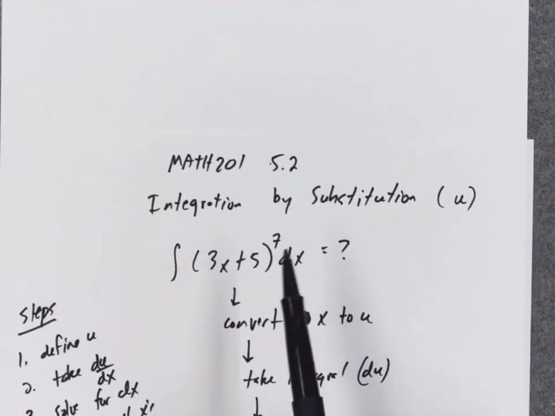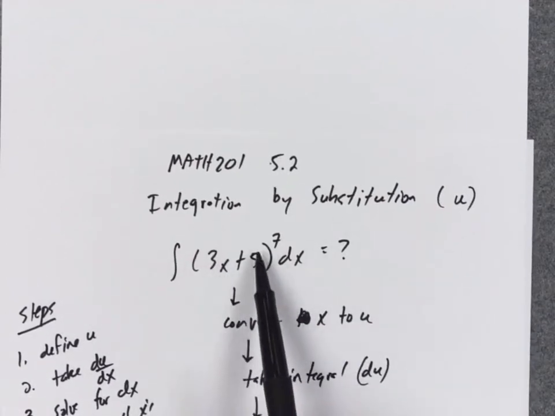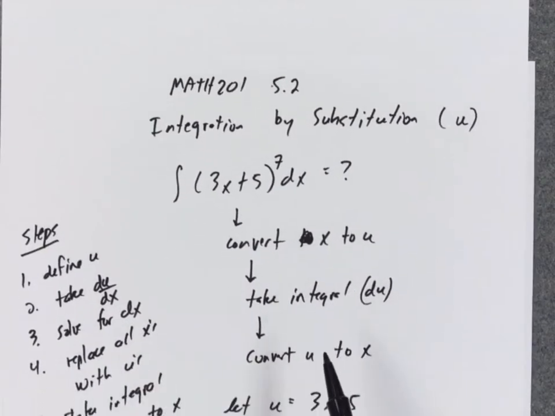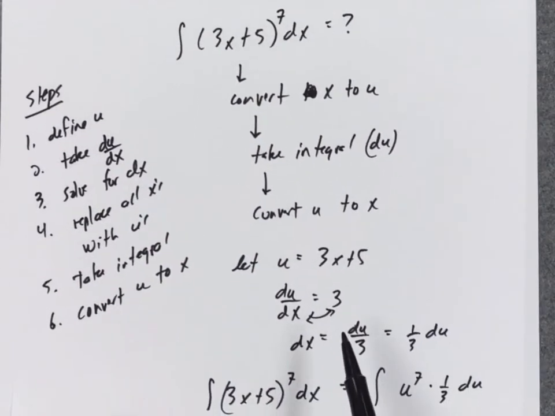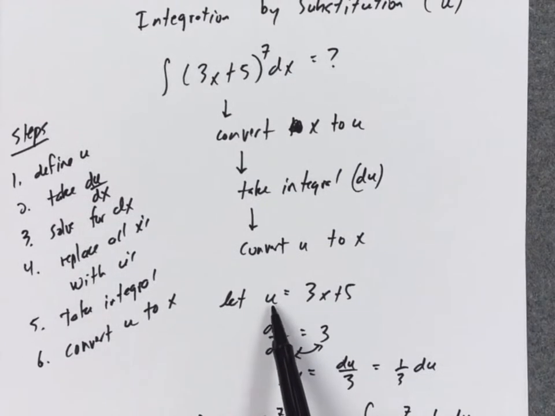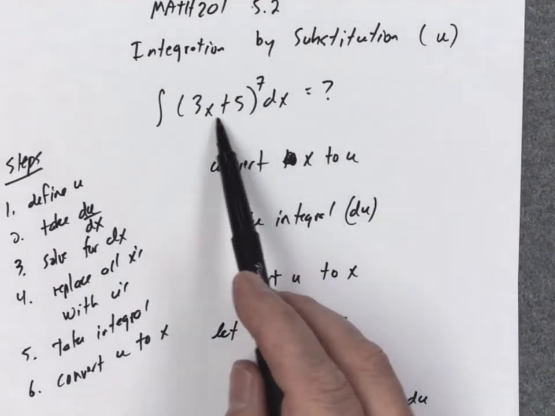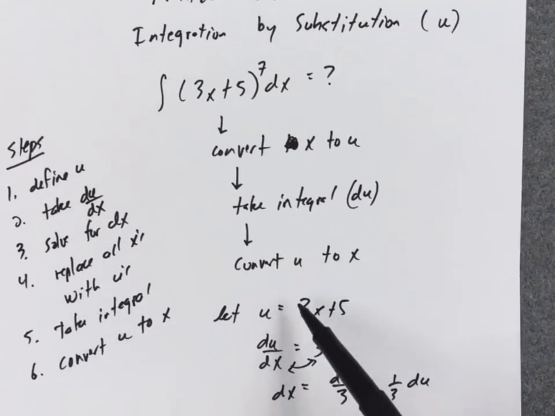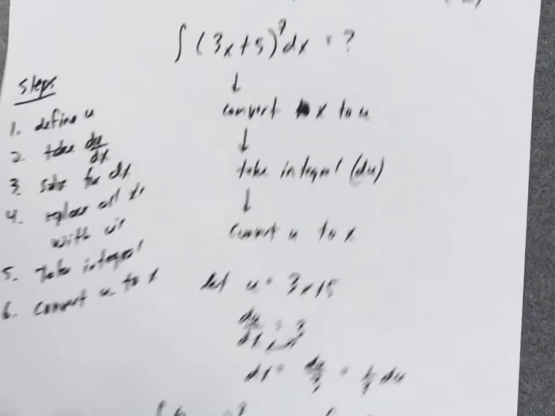So that's an example where you'll have problems with parentheses raised to an exponent. For that kind of problem, when you define your u, define your u to be whatever's inside the parentheses, because this ends up looking sort of like a power rule.